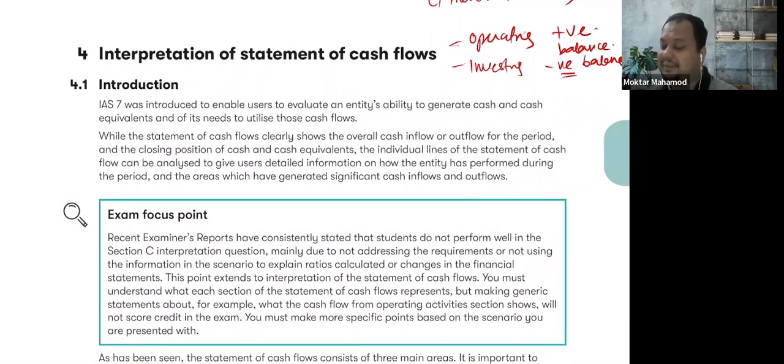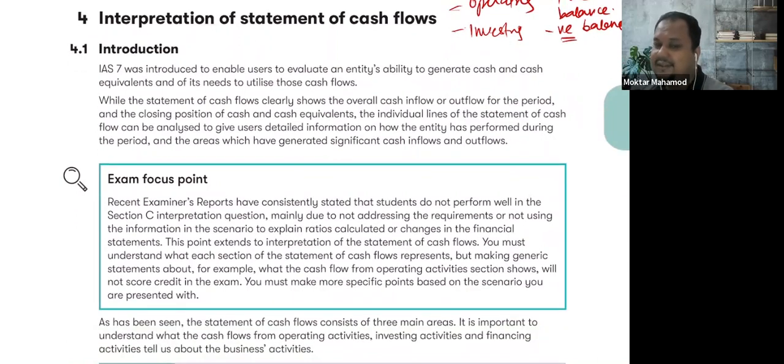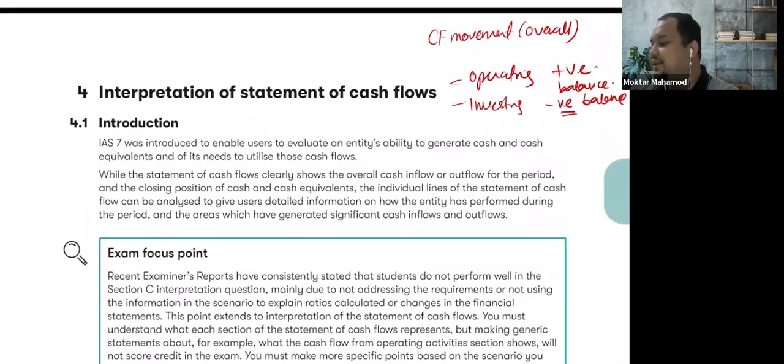Okay, tapi selalu dalam FR masih lagi direct interpretation, increase or decrease, and what contribution for that increase. For example, investing activity, negative balance. So what will be the reason for this negative balance? Because acquisition of asset, the company want to grow its business. Cukup lah tu untuk comment, if you need to comment later on.